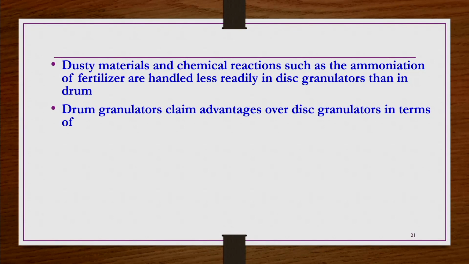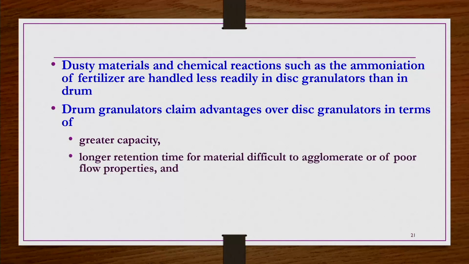Drum granulators have several advantages over disc granulators, such as very high capacity, and longer retention time for materials difficult to agglomerate. It is not necessary that when we mix the material, the binding liquid and the fine particles of feed, and just rotate the drum, granulation will take place.